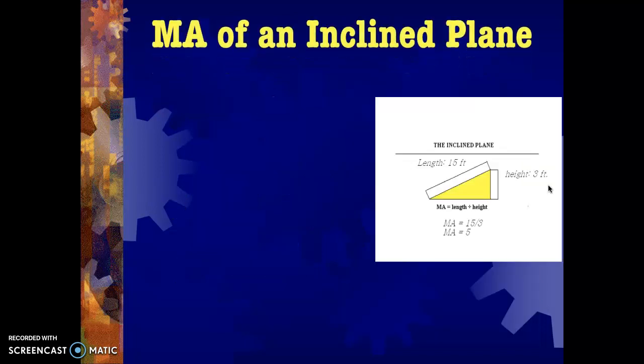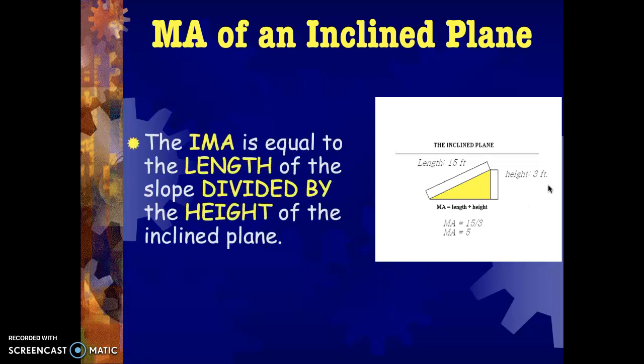The mechanical advantage of an inclined plane is a simple math problem, simple calculation. You simply take the length of your ramp. So if we look at this particular inclined plane, it has a length of 15 feet. And you simply divide that by its height, which in this case, this inclined plane had a height of 3 feet.